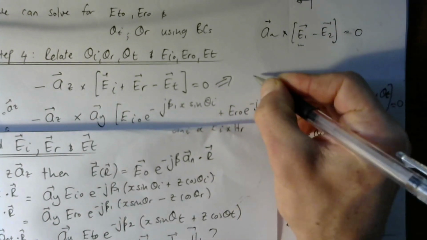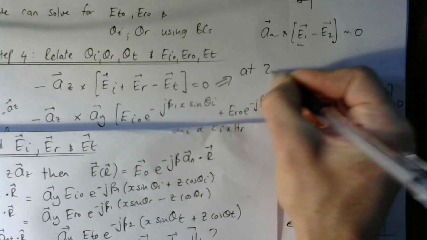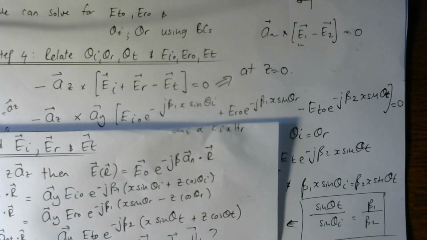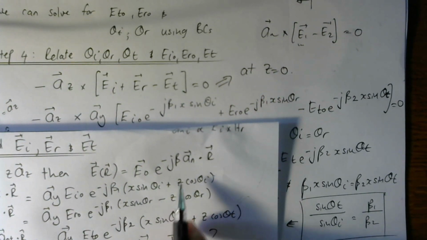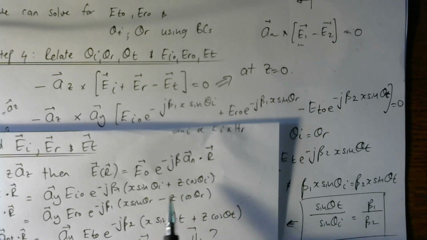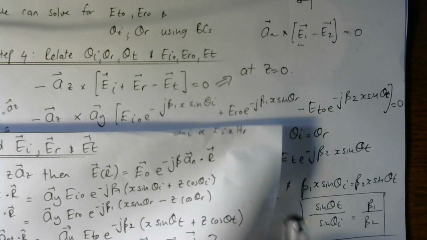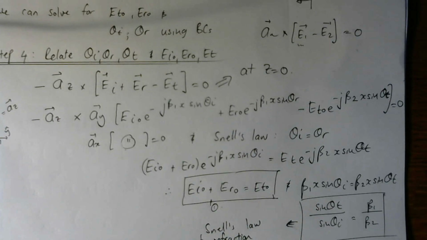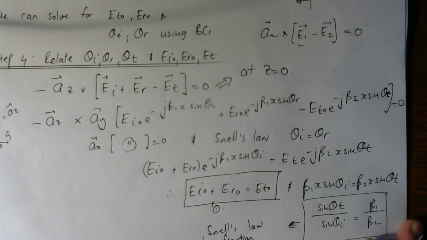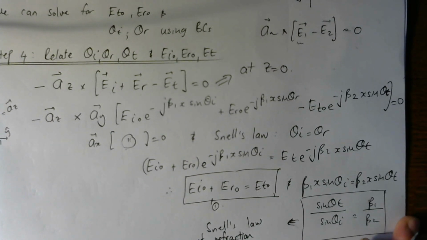Because I am applying my boundary condition at z equals 0. If I just put a 0 in, e to the power 0 is just 1. That's why I only retain this first part. I hope that's clear. If not, you're welcome to leave a comment and then we can look at it.